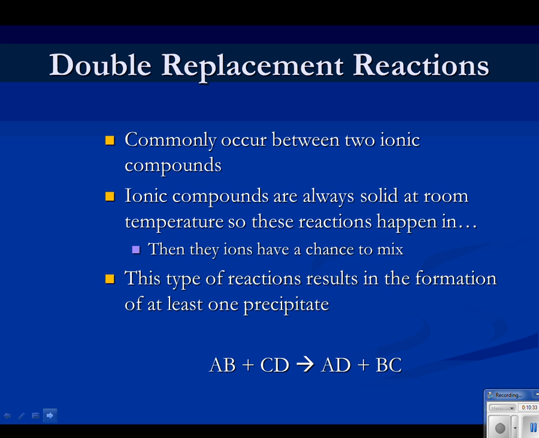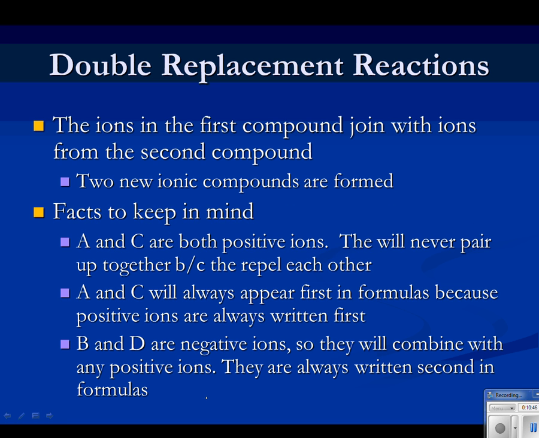You can see here at the bottom with the alphabet letters, we have ionic compound AB plus ionic compound CD, where we have A and C switching places. Now, the ions in the first compound join with the ions from the second compound, and two new ionic compounds are formed. Now, facts to keep in mind.